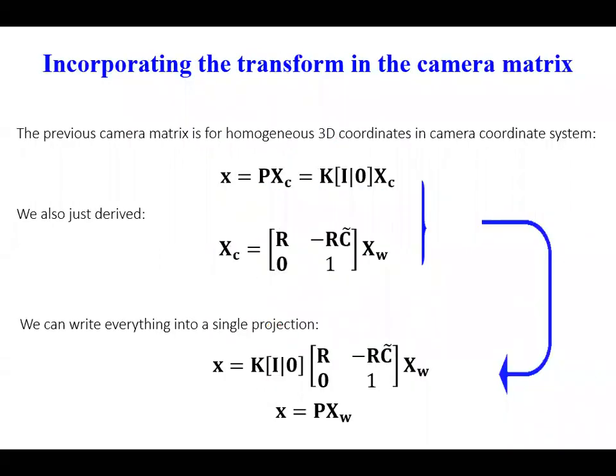One from the world to the center of projection, and then the other one is from the center of projection of the camera to the image plane. So now I can go from the world to the image plane easily by these two multiplications, as we will see later on.